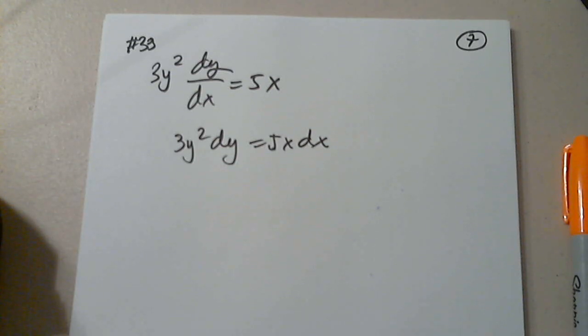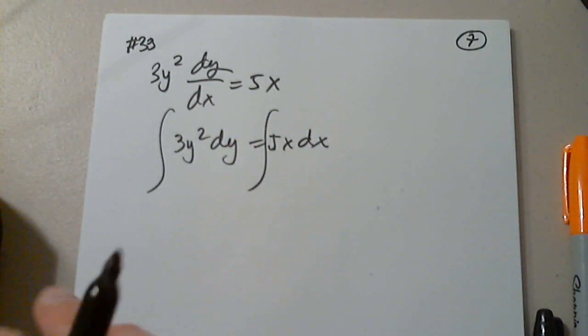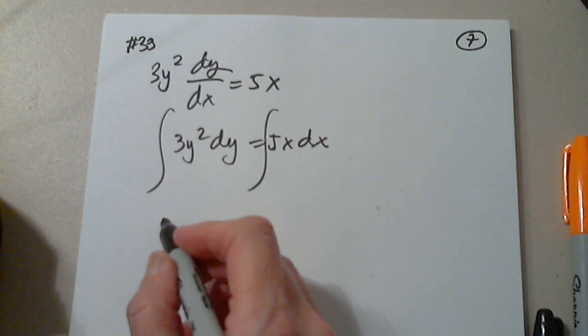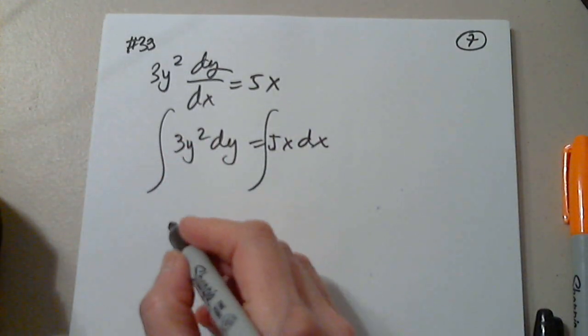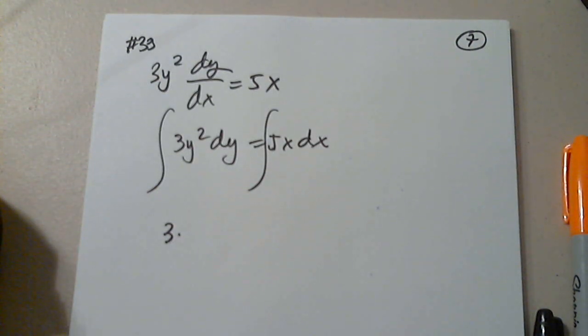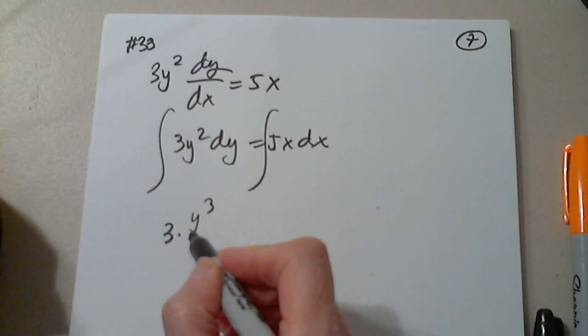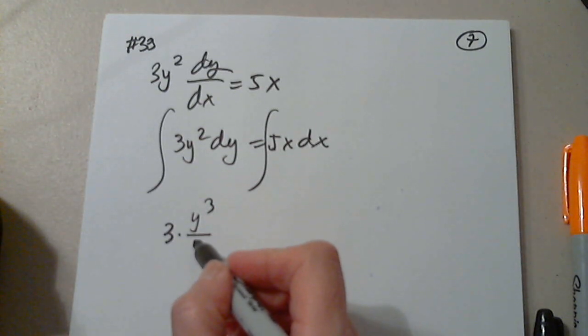In the next step, we have to differentiate. You mean integrate. Good. The left-hand side, which function prime is this? Y to the third over 3.